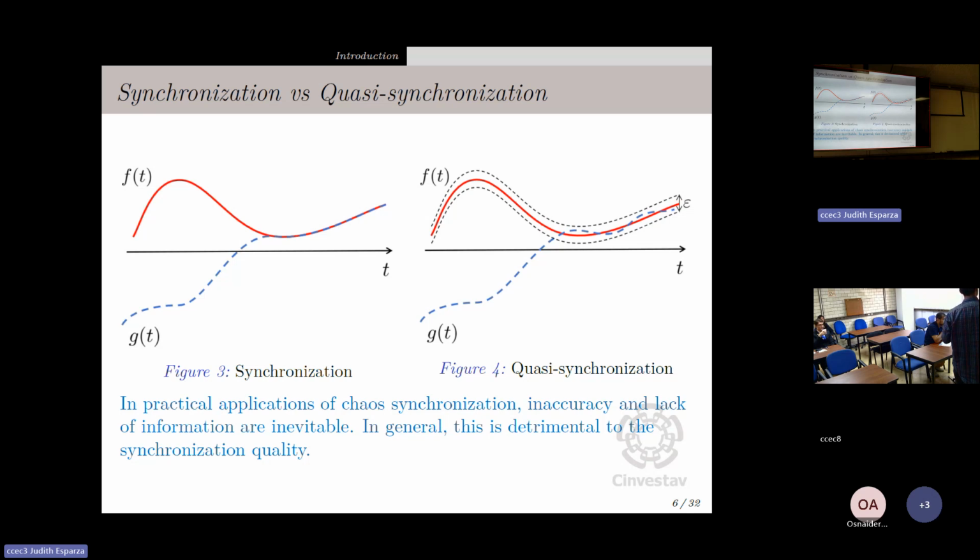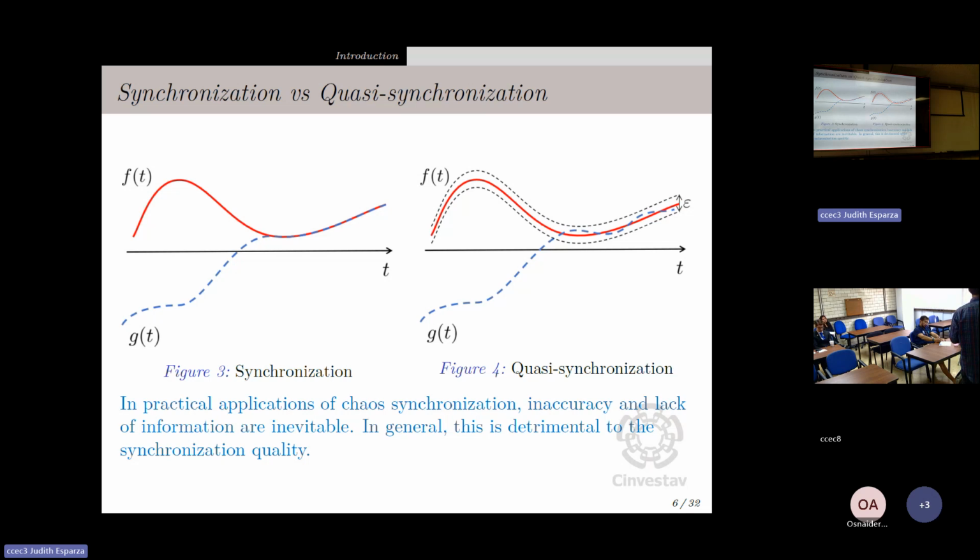What are the properties? In practical applications of chaos synchronization, inaccuracy and lack of information, disturbance and parametric uncertainty, and so on, are unavoidable. In general, this is detrimental to the synchronization quality. There are several studies that try to obtain better results on the synchronization topic.